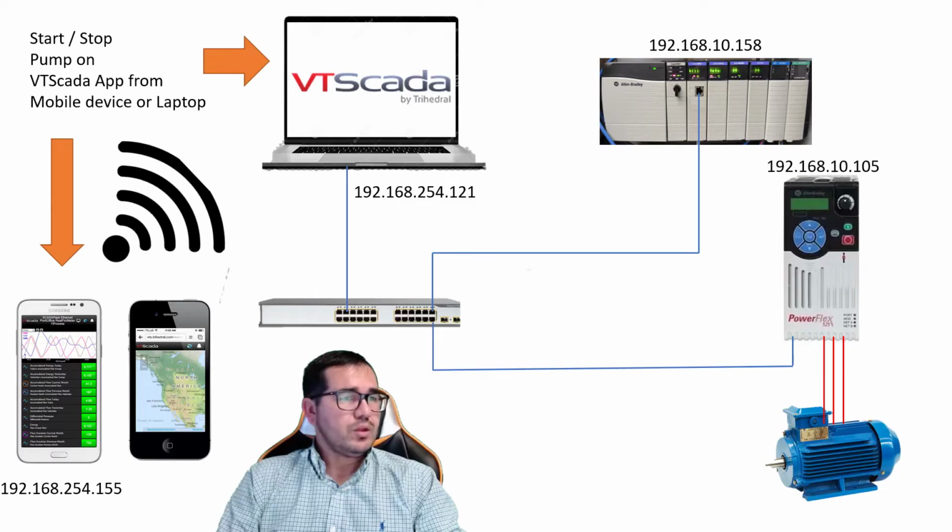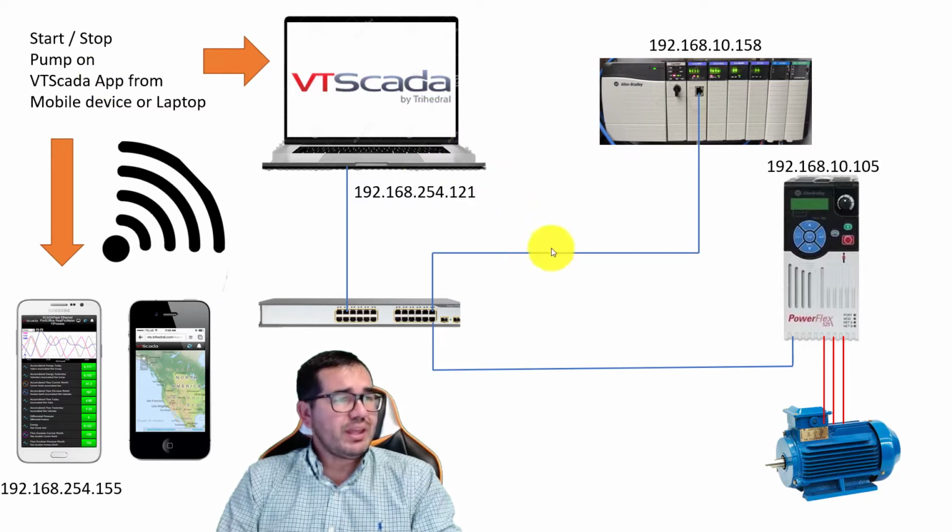So this is my application here, my network. I have the Ethernet switch over here. My Ethernet switch is communicating with my laptop, my PLC and my VFD. And the VFD is gonna control my pump, my motor here.